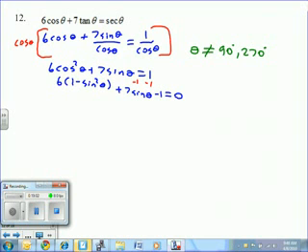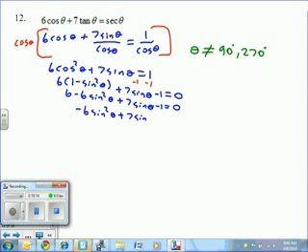Distribute. Put my like terms together. And then since I'm factoring, I would multiply everything by negative 1, so my first term would be positive.